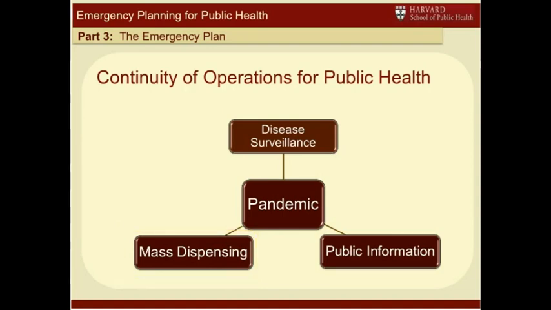Your community needs to ensure that they can provide the above functions in an environment that may be threatened, diminished, or incapacitated. In an event so severe that normal operations are interrupted, other routine public health duties may have a lower priority, such as restaurant inspections or retail tobacco enforcement programs.